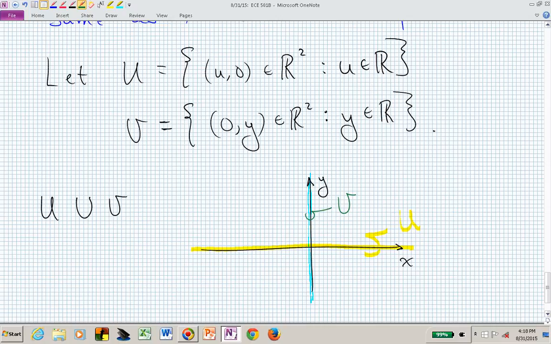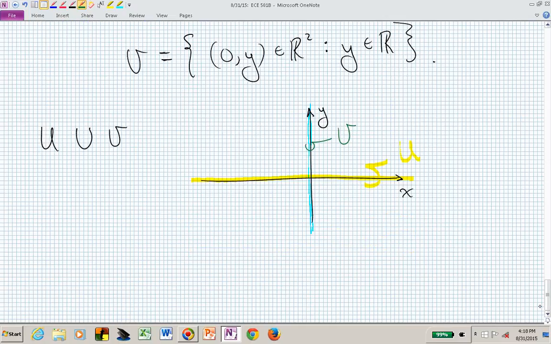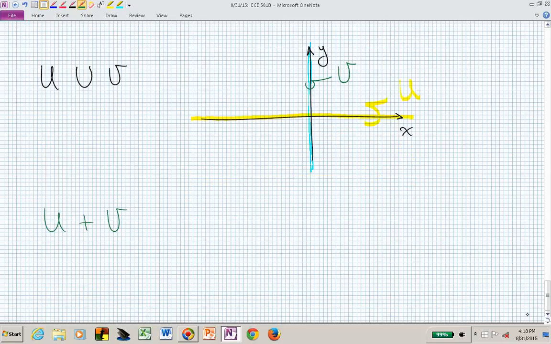We're just taking the union of those two subspaces. That's different than if we said, what if we combine those by summing the two elements in the different subspaces.